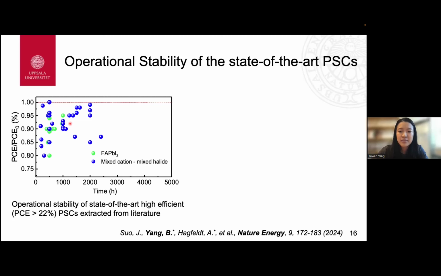In comparison, although pure FAPI-based solar cells, like these ones marked in green, exhibit higher device performance in general, their operational stability is rather poor. The best ones degrade more than 5% of their initial performance within only 1,000 hours MPP tracking.